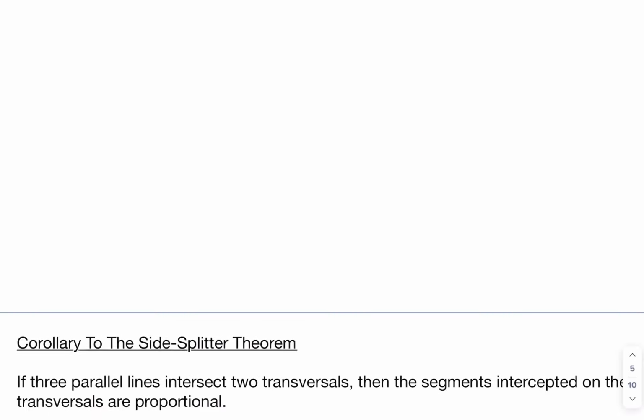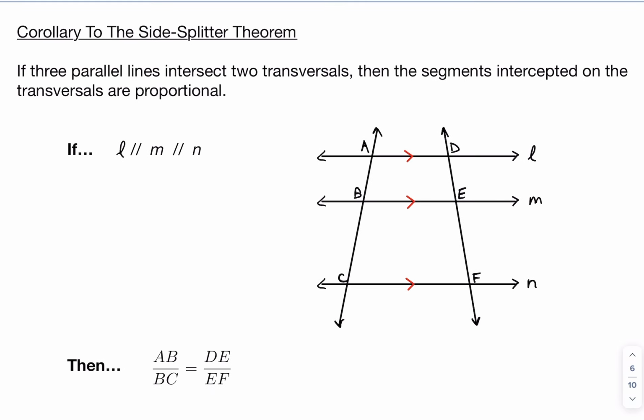Okay, let's move on. Here's a corollary to the side splitter theorem, and this basically says that if 3 parallel lines intersect 2 transversals, so we have line L, line M, and line N, and they're all parallel to each other, and they intersect this transversal and this transversal, then the segments intercepted on the transversals are proportional.